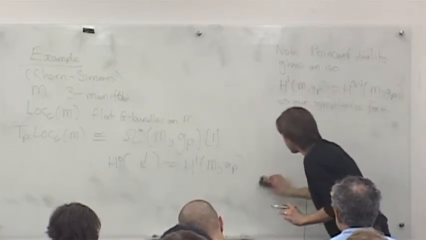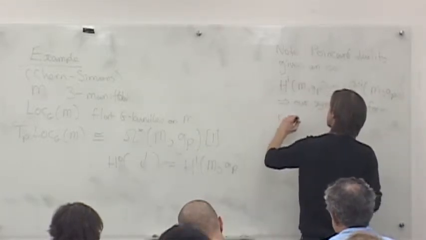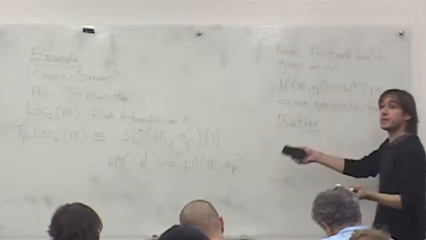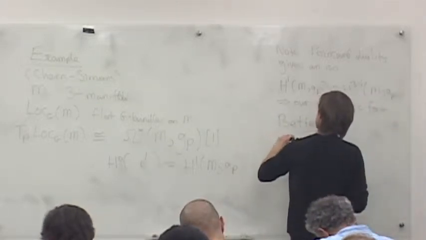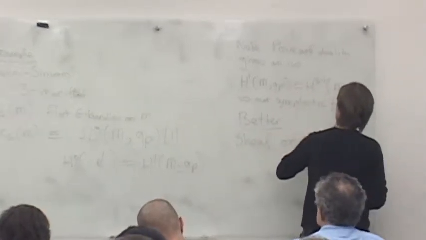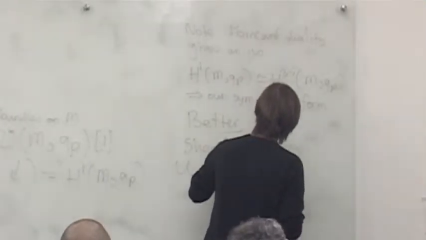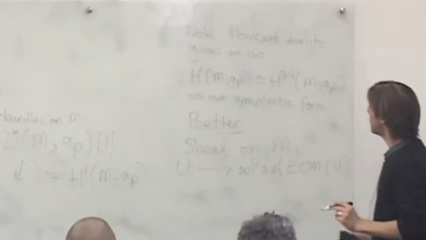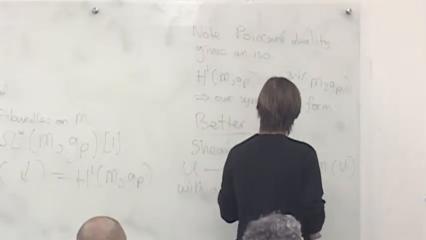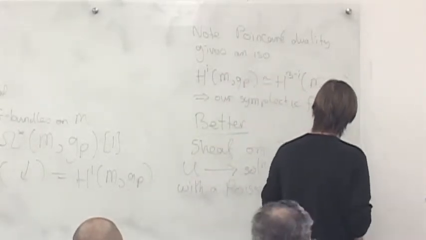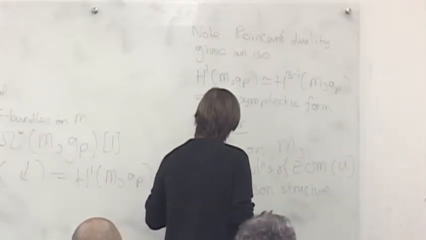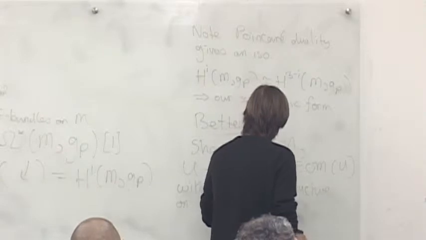But to get a stronger picture, this is going to be a sheaf on M. We have a sheaf on M, which sends U to, in general, the solutions of the equations of motion on U. The sheaf of derived stacks with the Poisson structure on every open U, which is compatible with these maps.